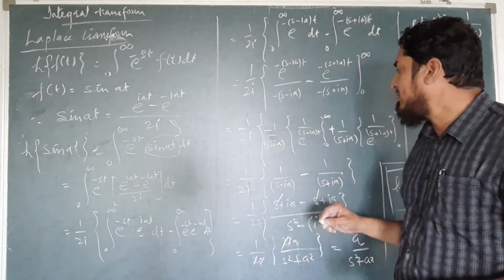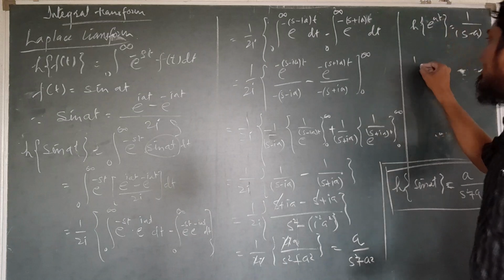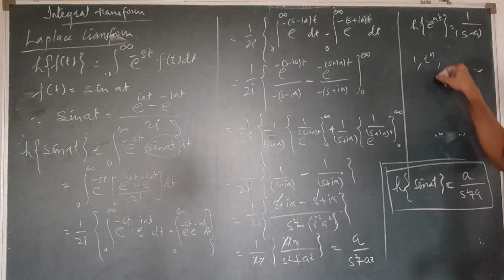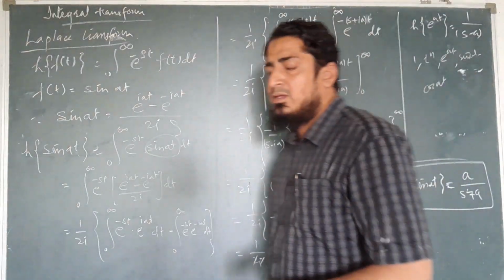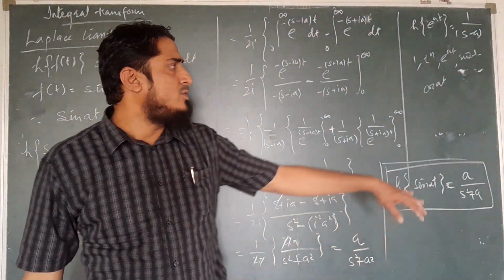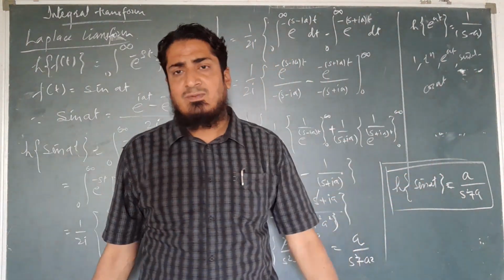You have to remember all the basic results: the Laplace transform of 1, the Laplace transform of t raised to n, e raised to at, sin at, cos at. In the next lecture, we will try to get the Laplace transform of cos at also.